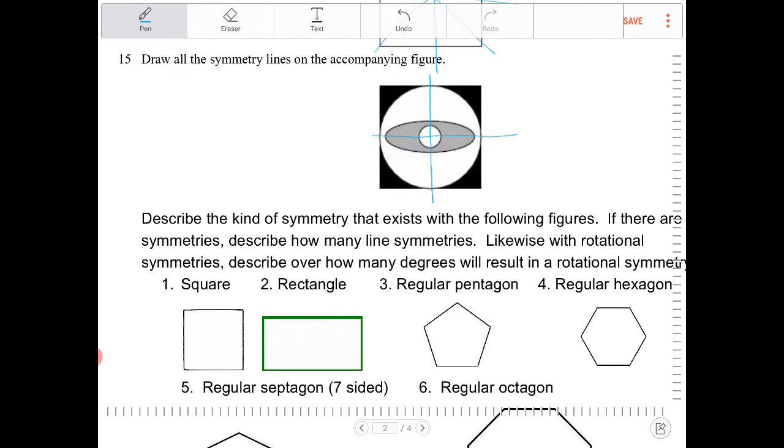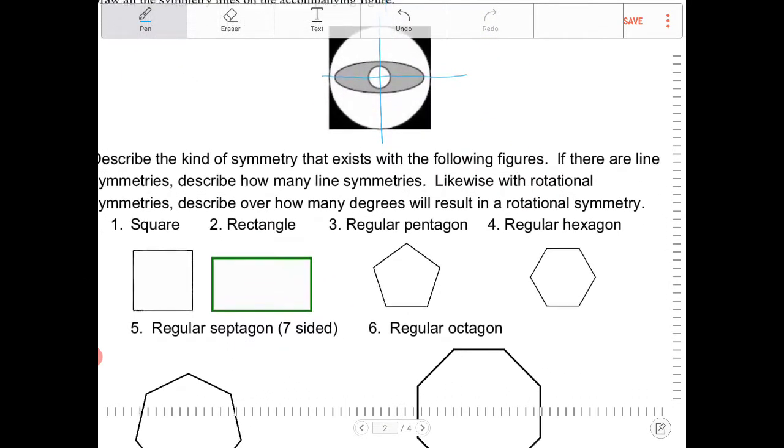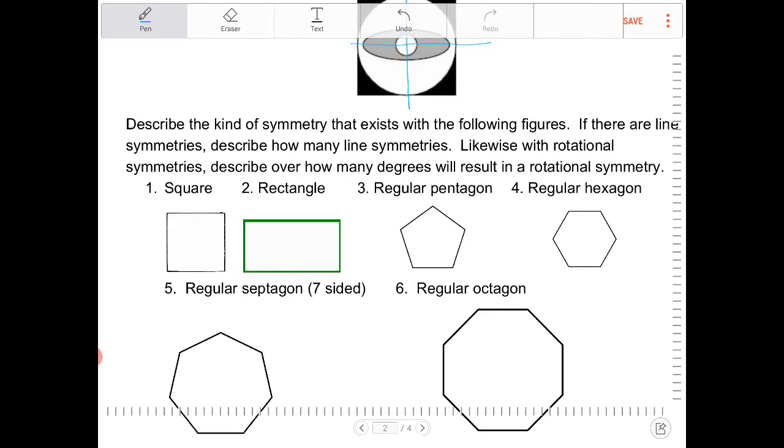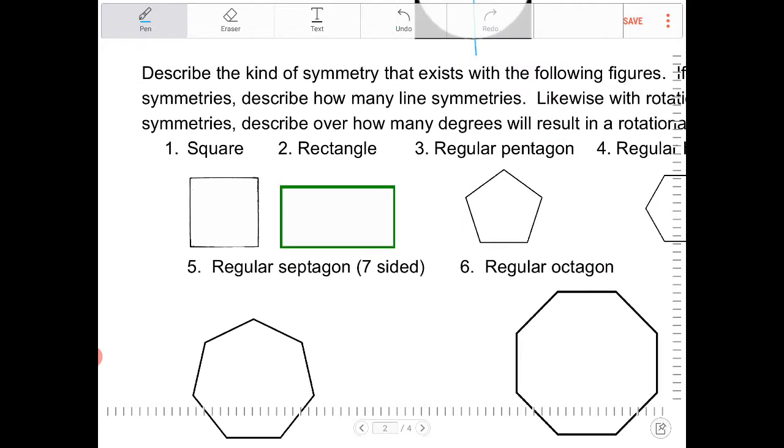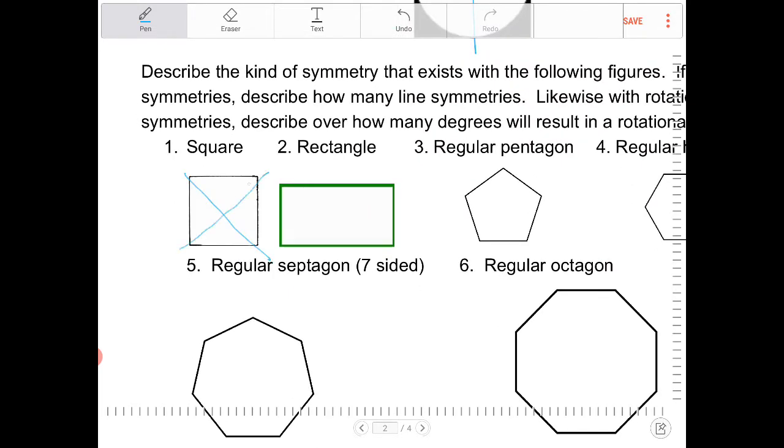Describe the kind of symmetry that exists with the following figures. If there are line symmetries, describe how many line symmetries. Likewise, with rotational symmetries, describe over how many degrees will result in a rotational symmetry. So these are line symmetries, and there are 4 of them. So 4 line and 1 point.